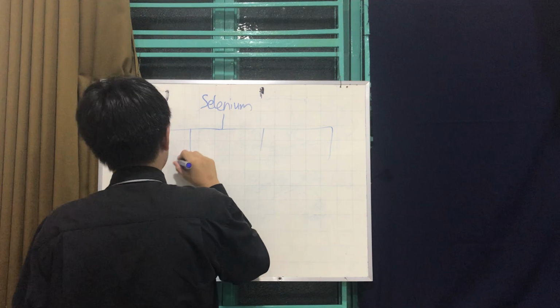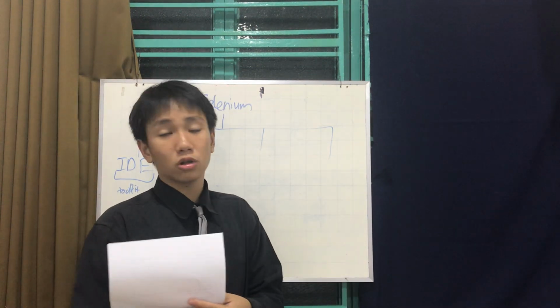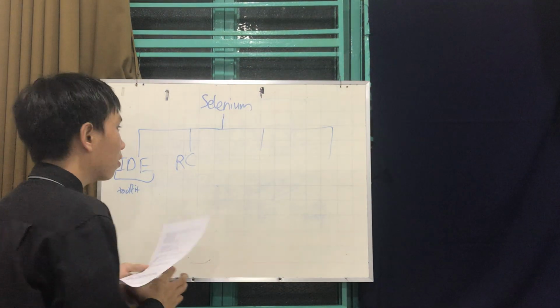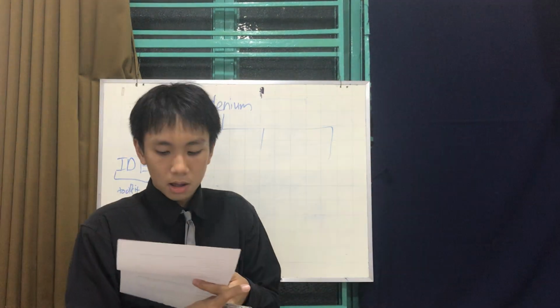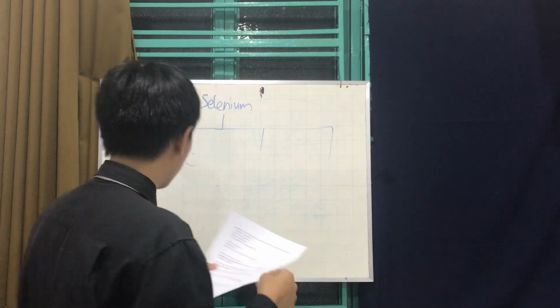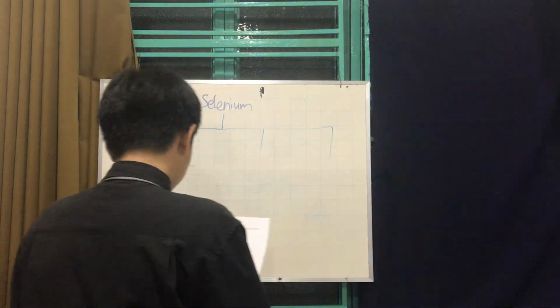Then there's RC. RC stands for remote control, and when you hear about remote control, you know what exactly it does. It is one of the earliest versions of Selenium. It was one of the earliest Selenium tools too. It was only before WebDriver.